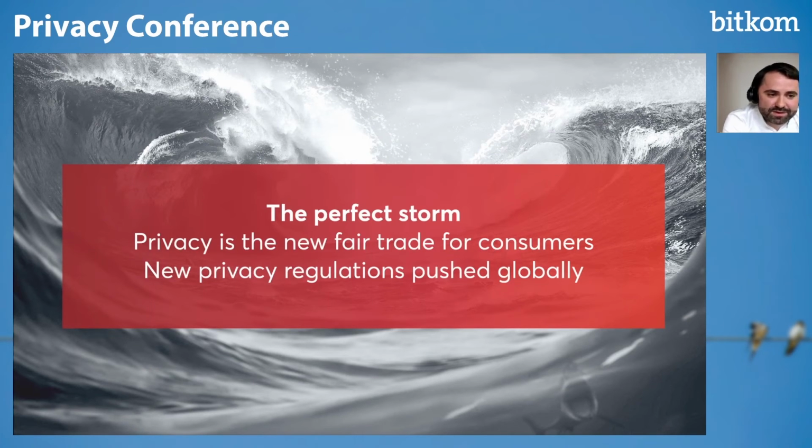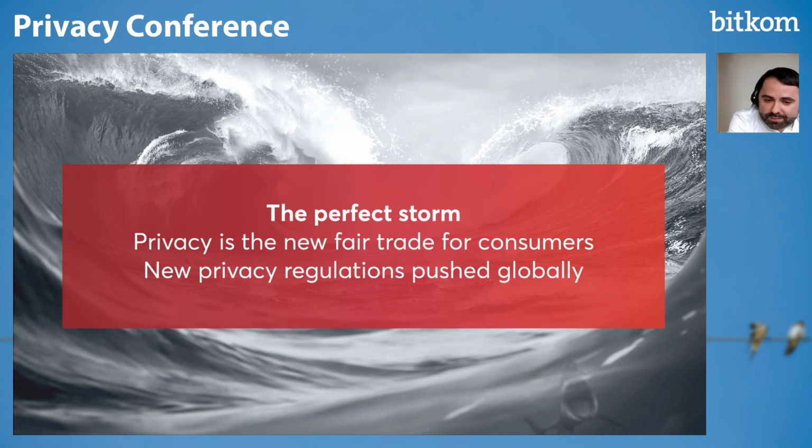And as we also heard in previous sessions today and yesterday, new privacy regulations are emerging and being pushed globally. So it's the perfect time to set things right. If you listened to Peter Fleischer's keynote yesterday, Google, Apple, and Facebook are driving initiatives in terms of privacy and giving users back control over their data.